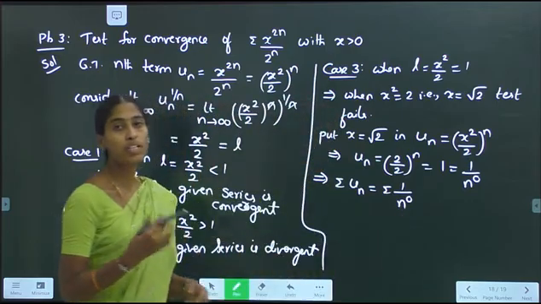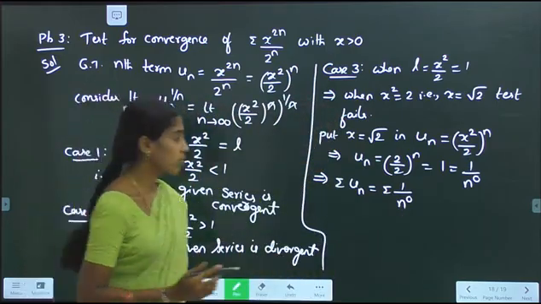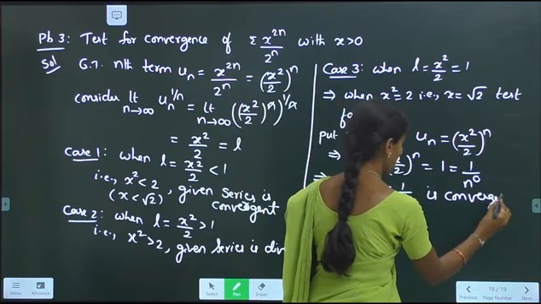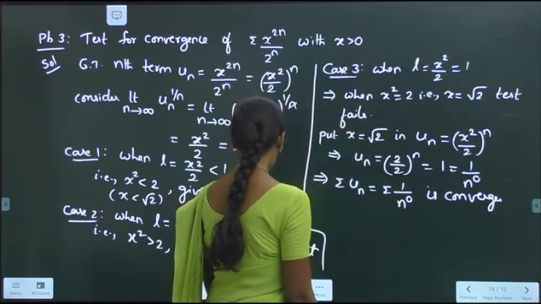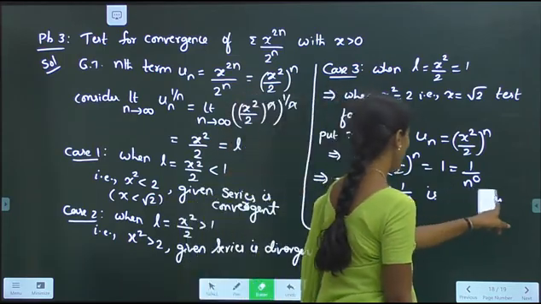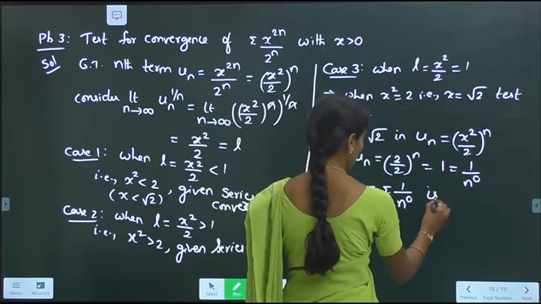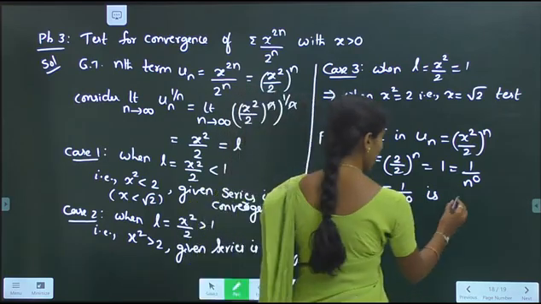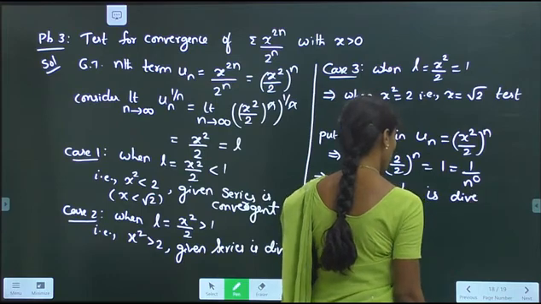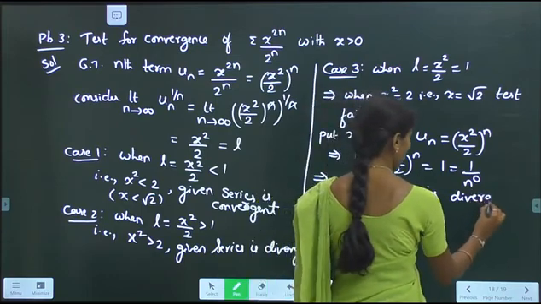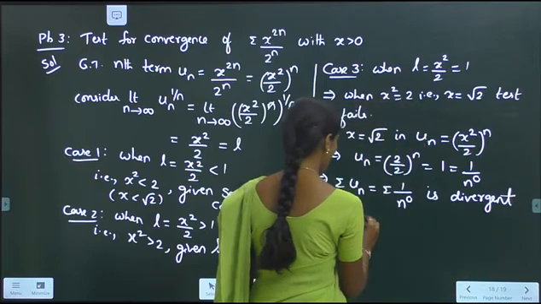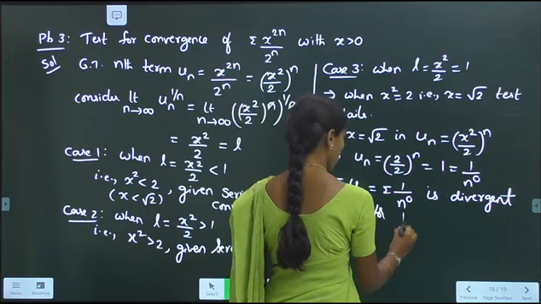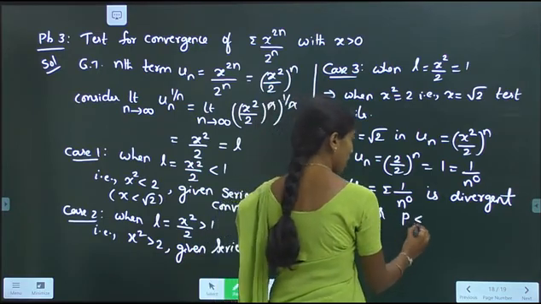It is in the form of summation 1 by n power p, which is convergent when p is greater than 1, and divergent for p value less than or equal to 1.